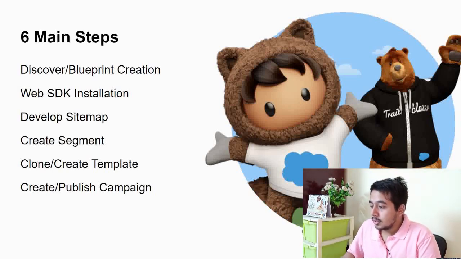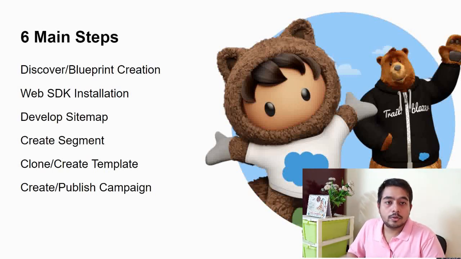Now, as a developer working with Interaction Studio, there are mainly six steps which you will do. The first part is taking the blueprint or deciding on the use case. This is called the discovery phase, where most of the time a solution architect or principal architect reaches out to the client and gathers information: how many domains there are, what the inventory is.